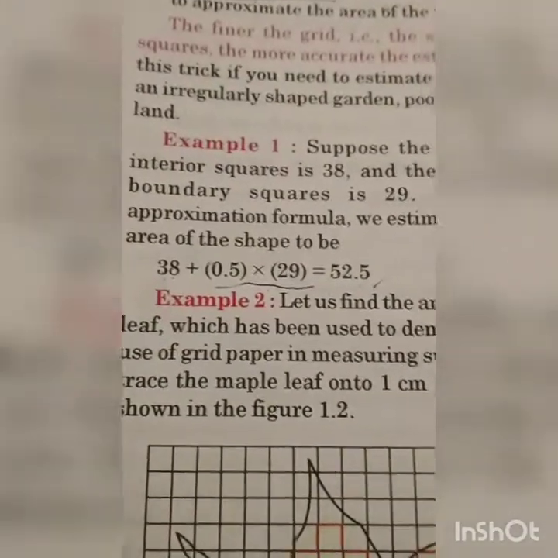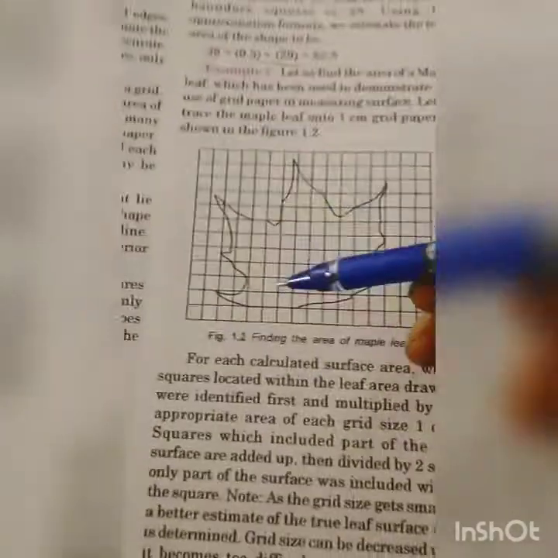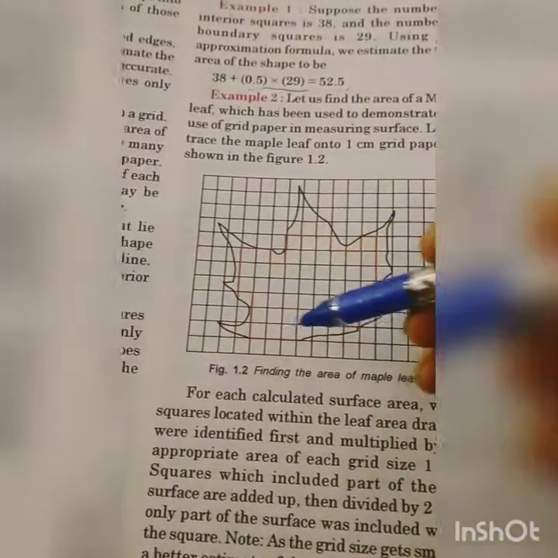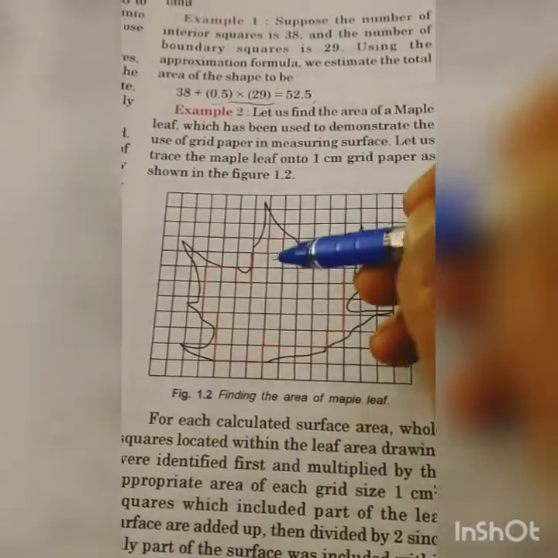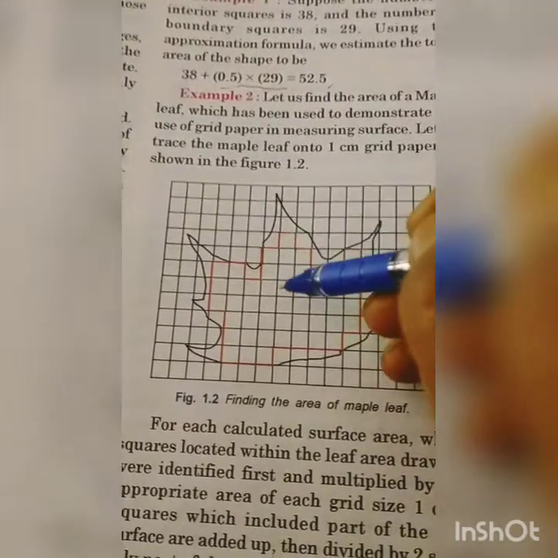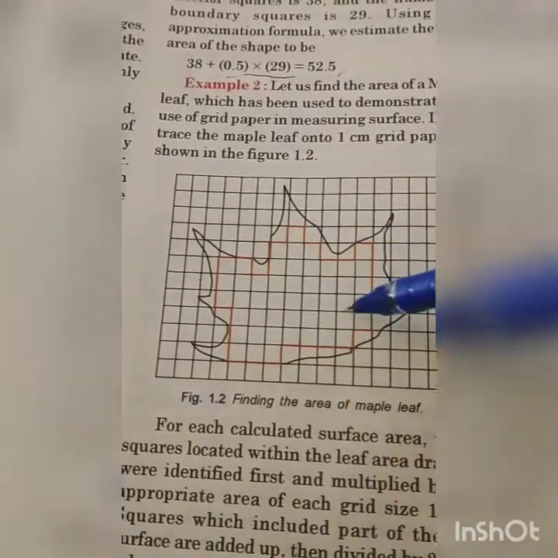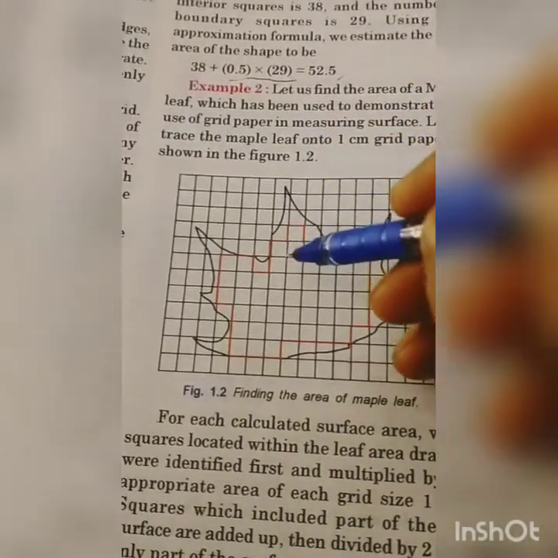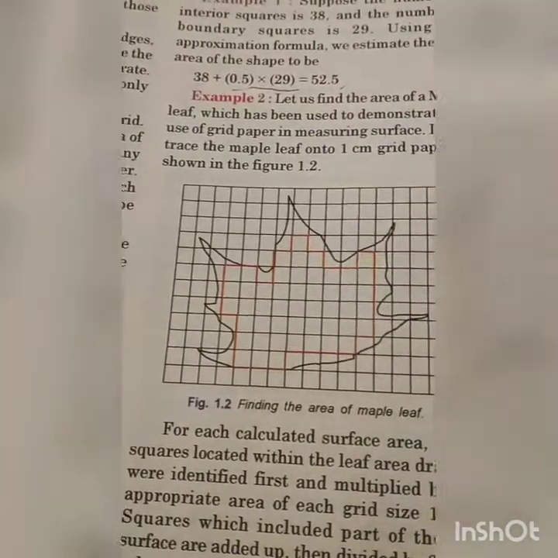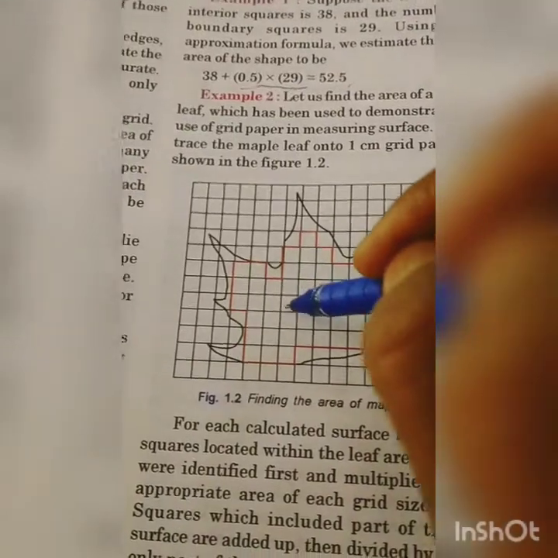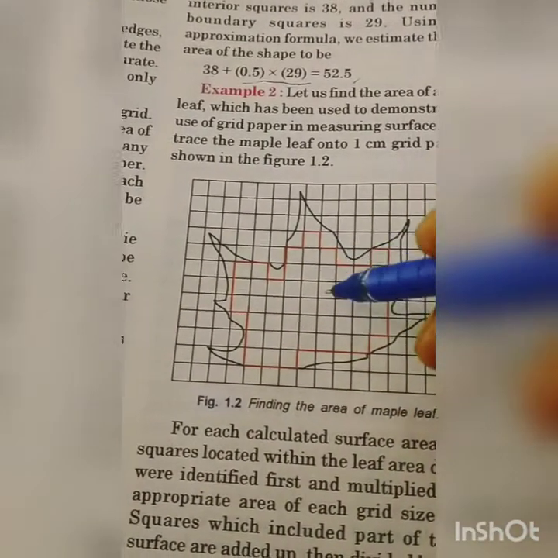Now look at the second example. Here is also an irregular shape given on a grid. Mark the complete squares inside the boundary of this figure. Count them and write them. They are equal to 1 centimeter square each.